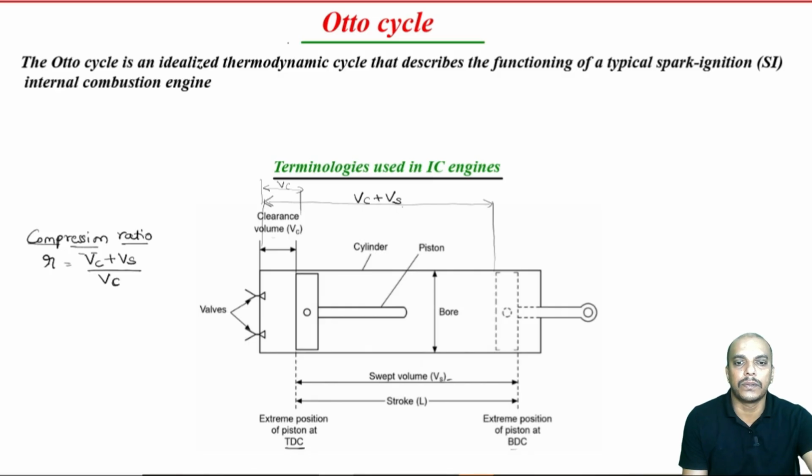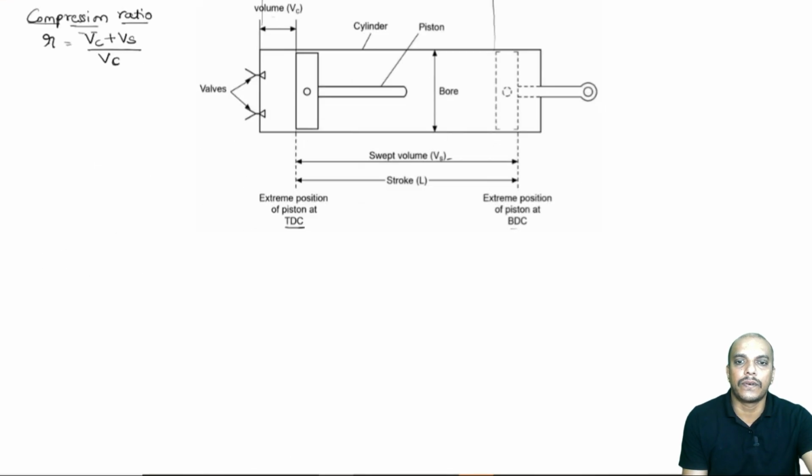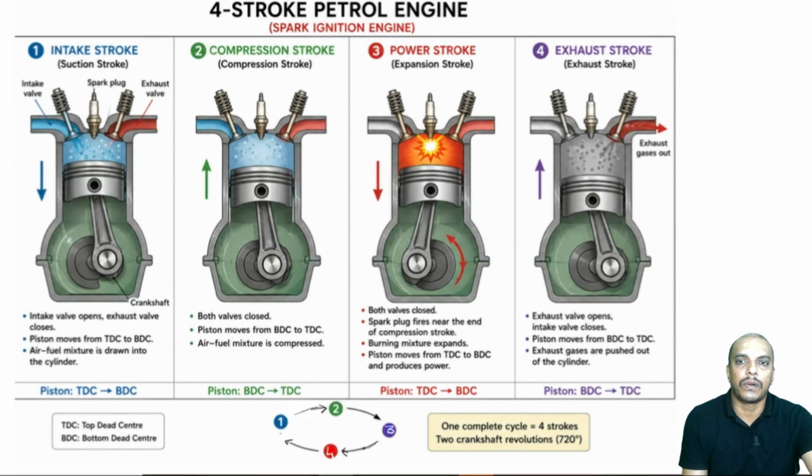Now, let us come back to the working of the 4-stroke petrol engine. All right. There will be 4 strokes as the name suggests, and there is ignition by spark. There has to be a spark plug which ignites the fuel and air mixture, and the fuel used is petrol. Now, remember there is an intake valve. I am looking at the intake stroke here, the one where the suction is happening.